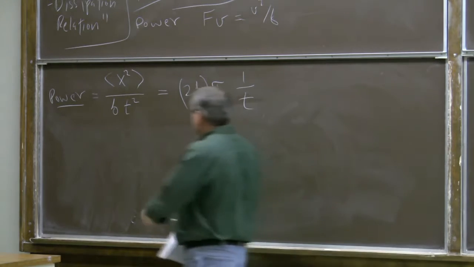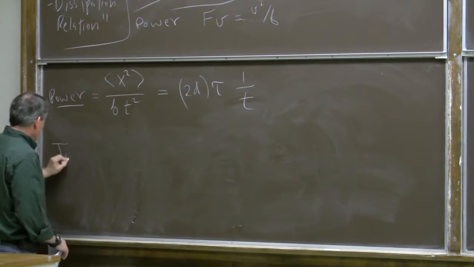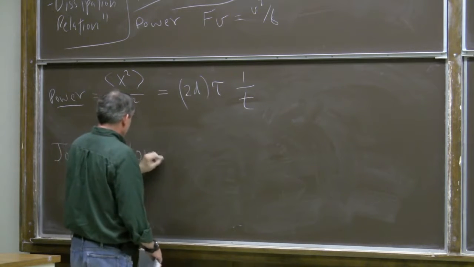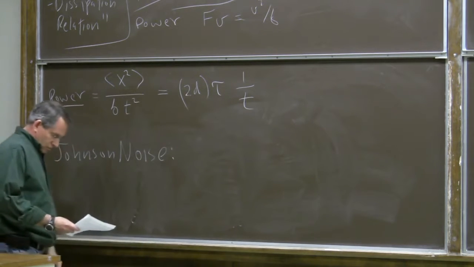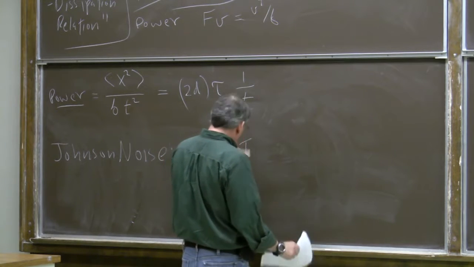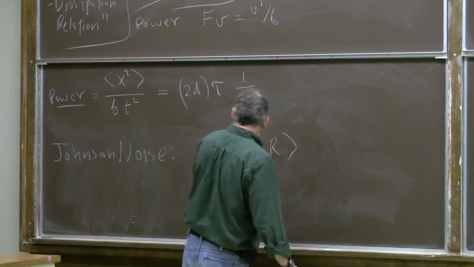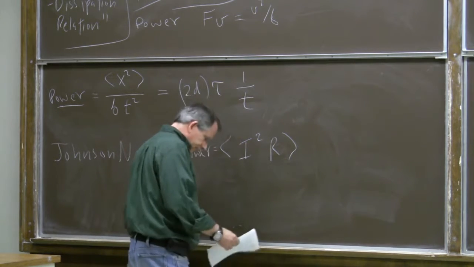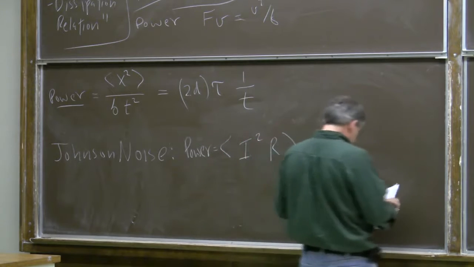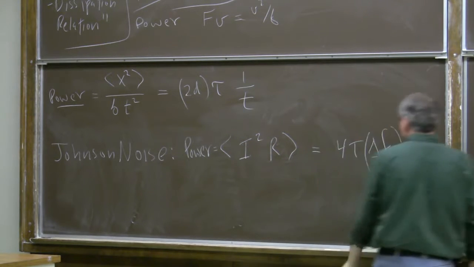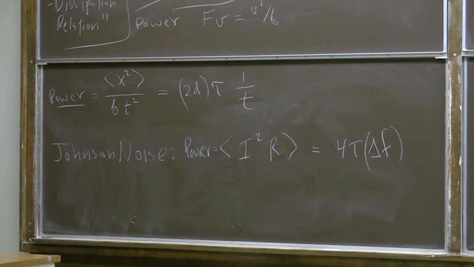So this is analogous to the case of Johnson noise, which, according to Nyquist's formula, the power is I squared R, and that's 4 times the temperature times the frequency band in which we're watching the fluctuations of the current or the voltage.